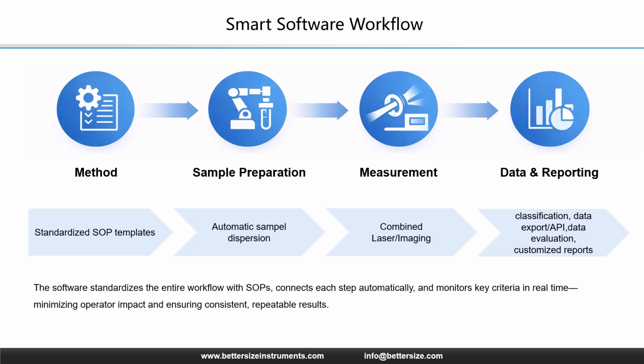Finally, data and reporting is instant and customizable. By automating every link in this chain, we effectively remove the operator variable from the equation, ensuring that a test run on Monday morning is identical to one run on Friday afternoon.